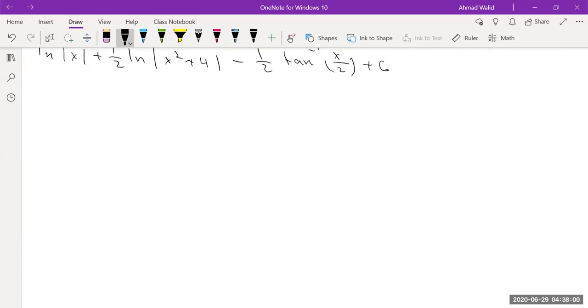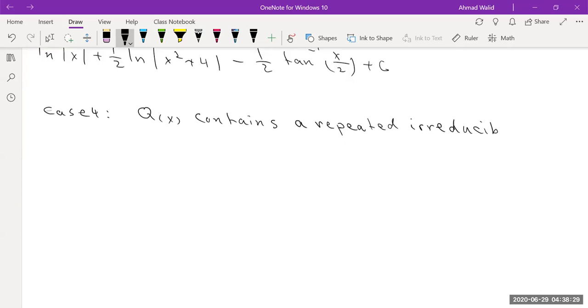Last case of 7.4, case 4. In case 4, Q of x contains a repeated irreducible quadratic factor.